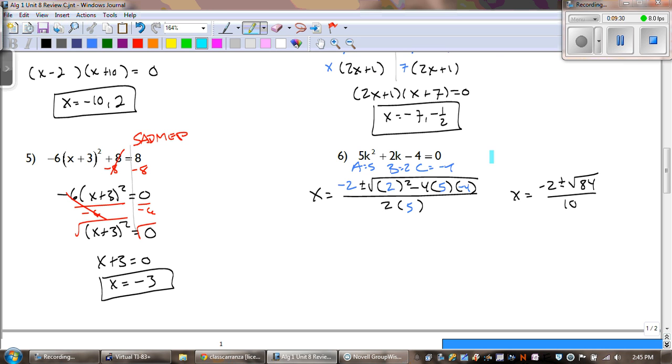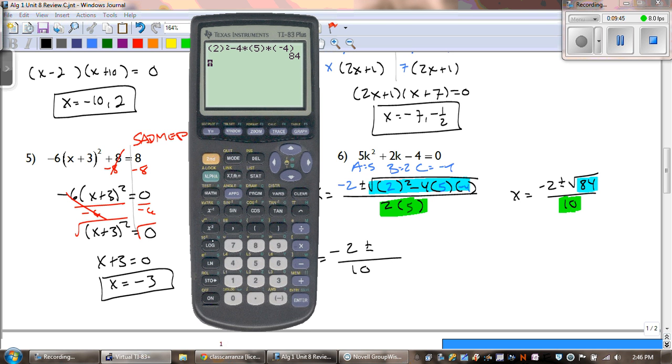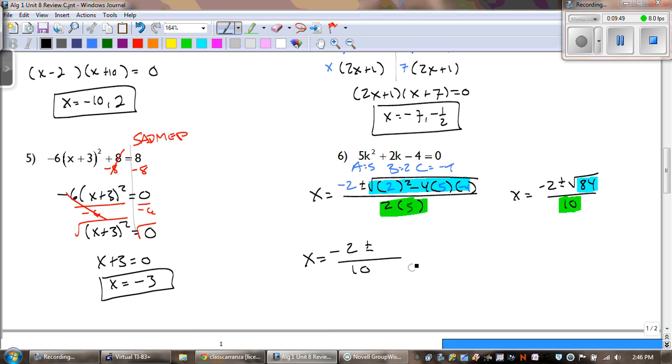Okay, so this part right here goes underneath, and 2 times 5 right there. Now the rest of this, the negative 2 plus or minus all divided by 10, we take the square root of 84, which is 9.17 because we have to round it.